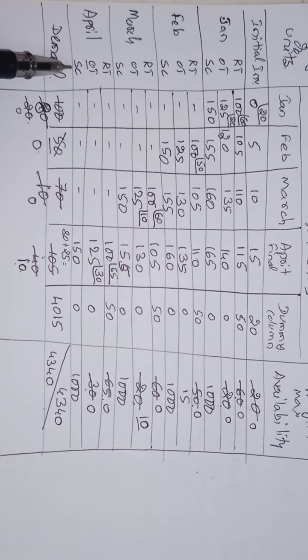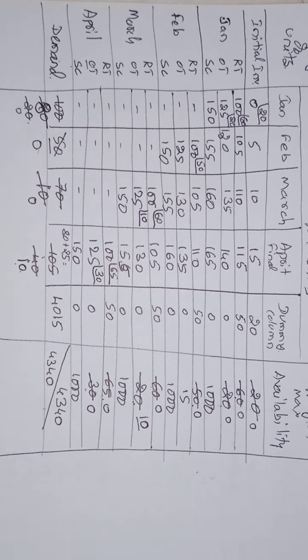So you see what will be the cost per unit? That will be 150, right? So this will become a burden on that customer. So we should see in previous months, that is March, February or January, whether any quantities are remaining in regular time production or overtime production, right?